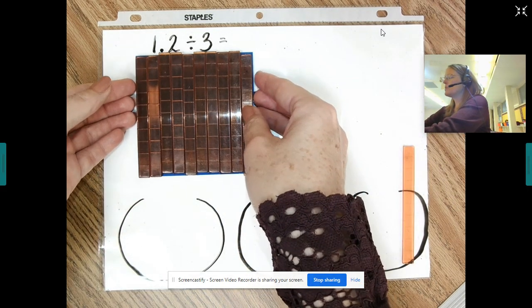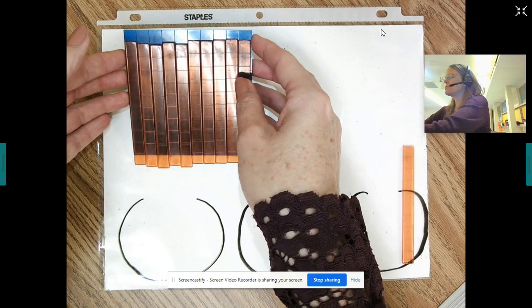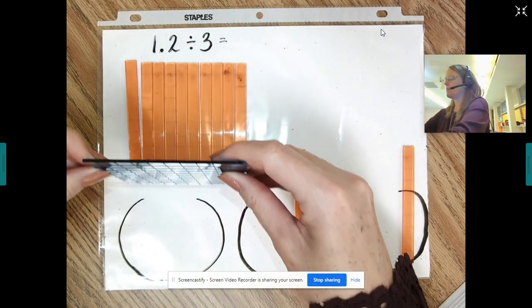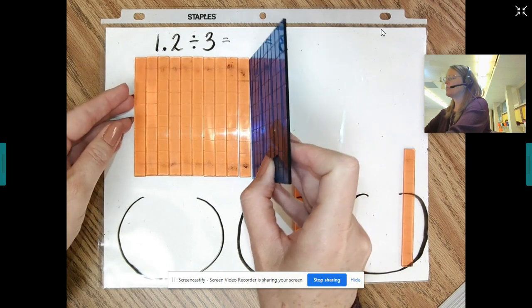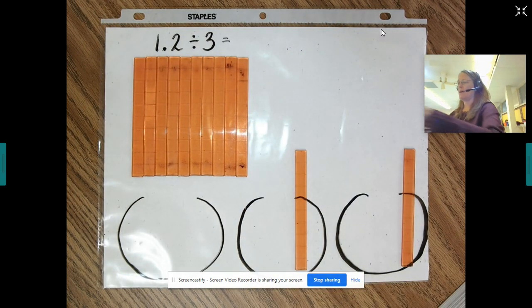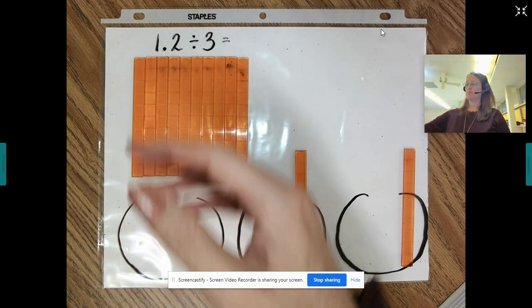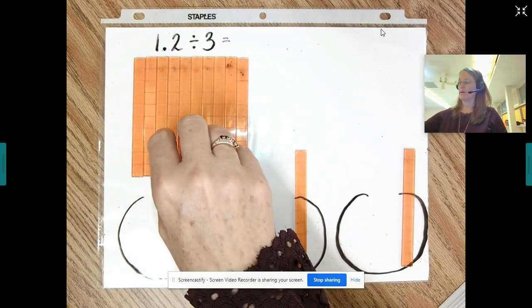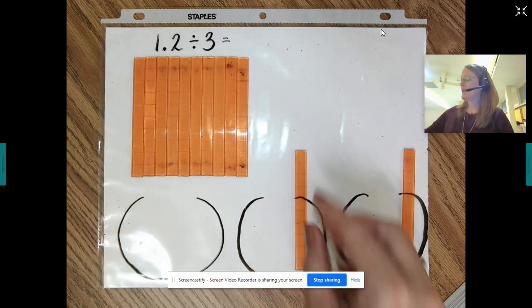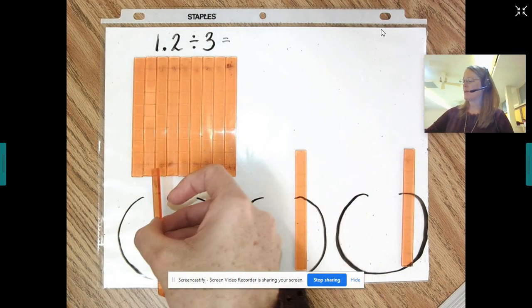So what I'm going to do is, I did not practice that very well, did I? So there's our one whole. I have simply transferred that, or substituted my 10 tenths for 1 whole. Now I can keep on dividing.